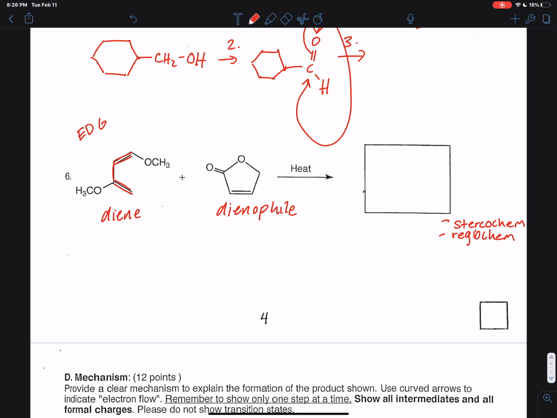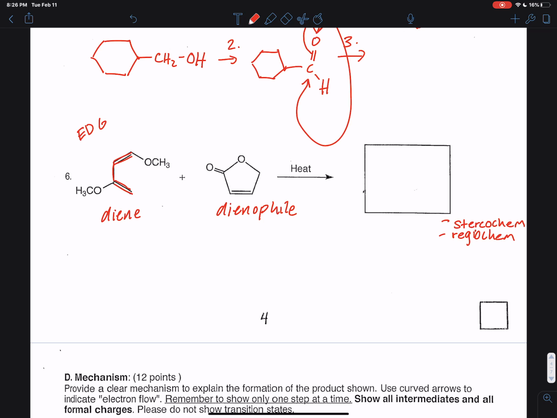For example, this OCH3 and the other OCH3, which donate via what phenomenon? Resonance. That would come down and push onto the carbon, so you're making that carbon a little bit more negative. And that's what you want. You want it to be more nucleophilic. So that's talking about the diene.